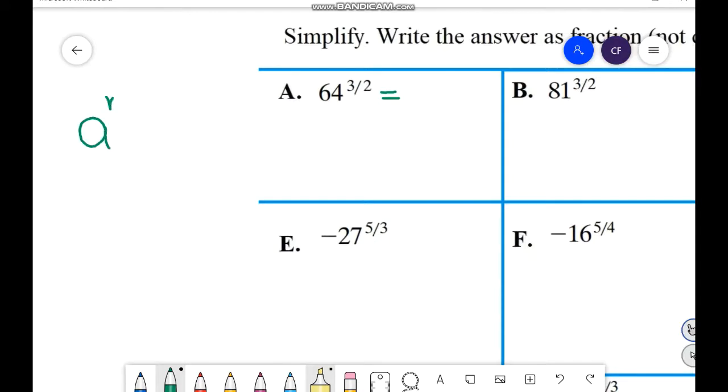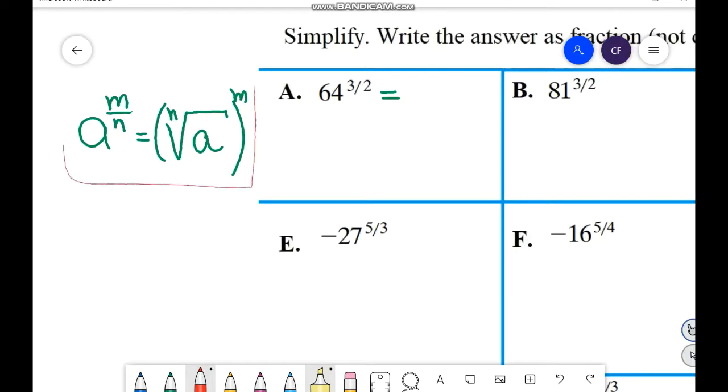A exponent m over n equals the nth root, and I'm going to use the other one, m, parenthesis root a, n is the index and m is the exponent. So this is what we're going to use today to solve the quiz. This is the definition that you have to apply to solve the quiz today.